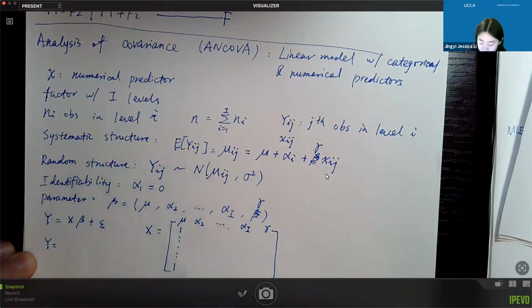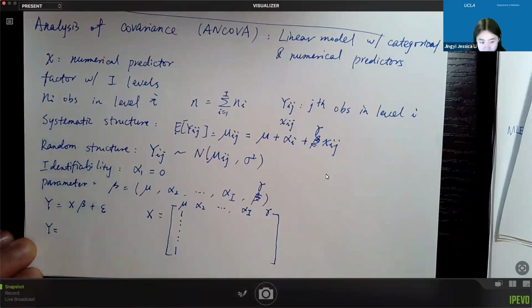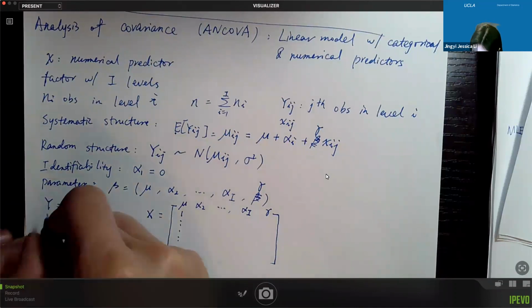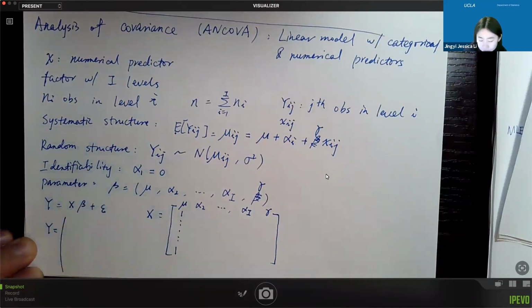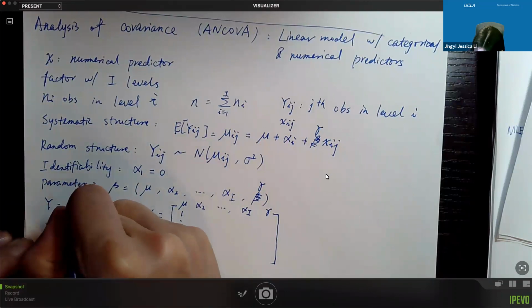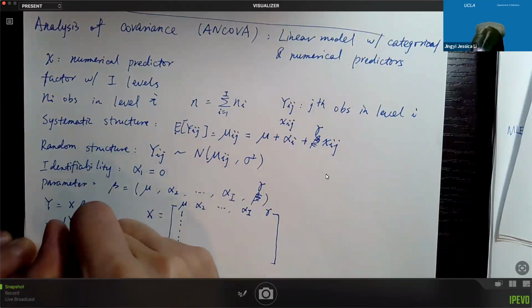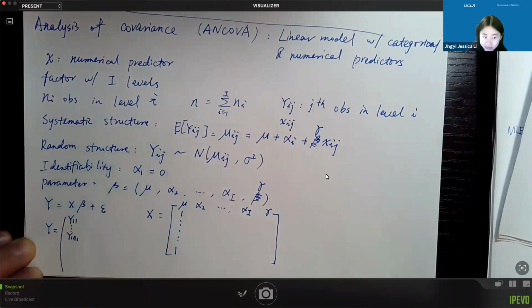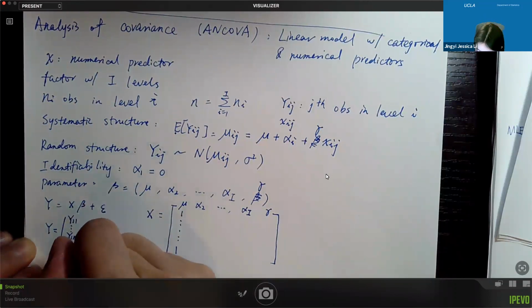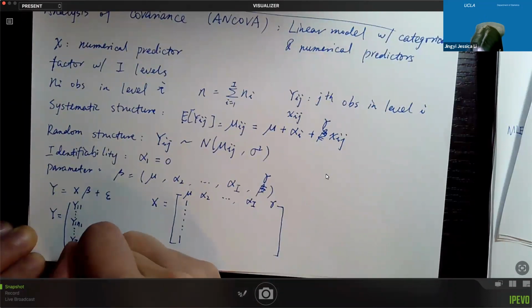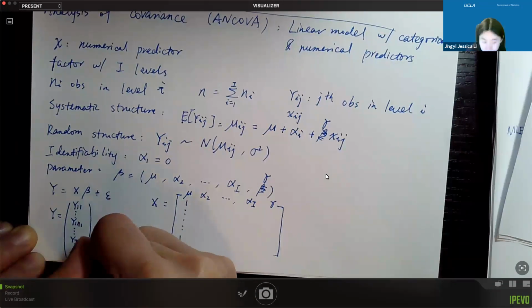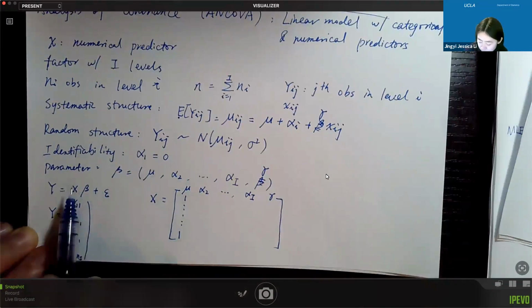So since we are doing this stratification based on the factor, we will lay out our response as Y11 to Y1N1. That's for level 1. And then YI1 to YINI. That's for level I. So that's my vector for the response.